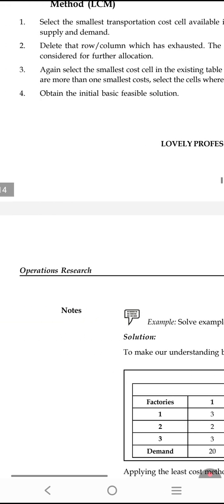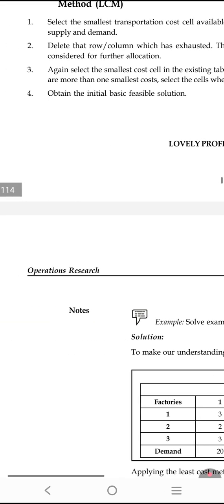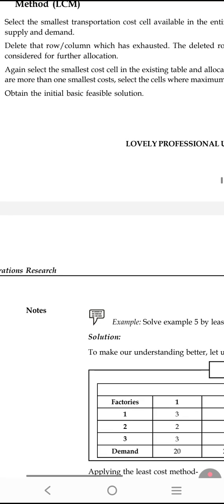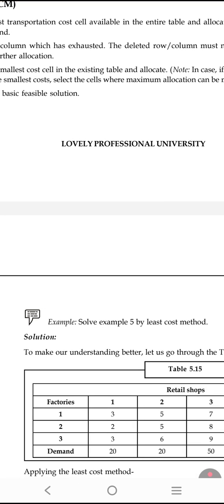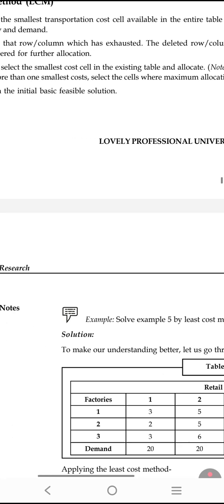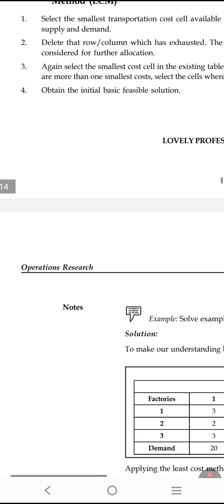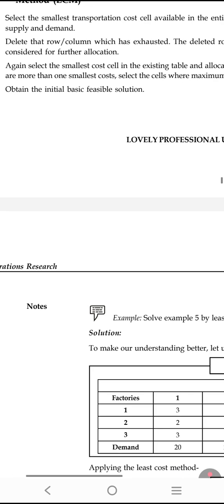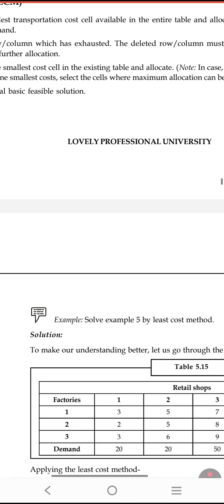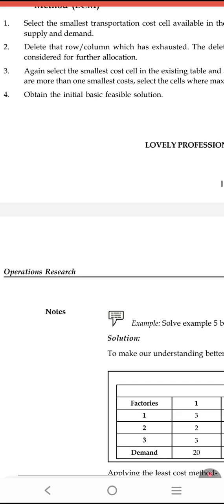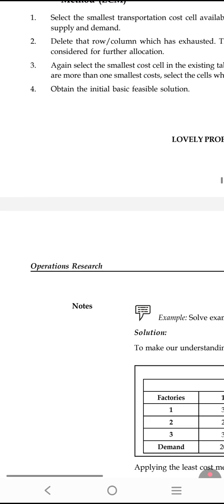If there is more than one smallest cost, select the cell where the maximum allocation can be made, and obtain the initial basic feasible solution.